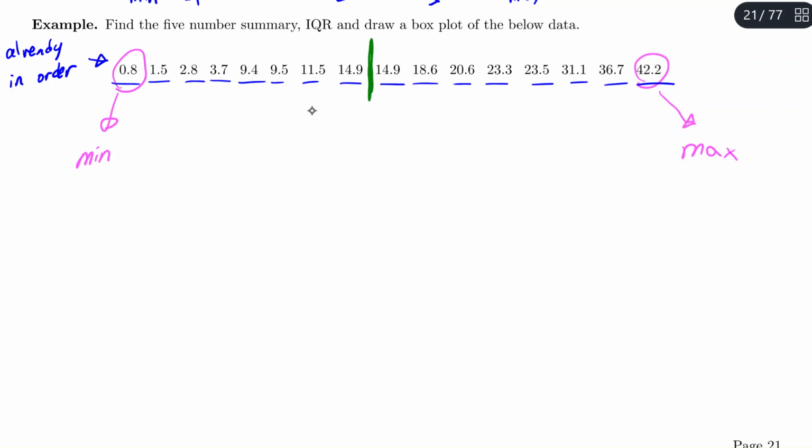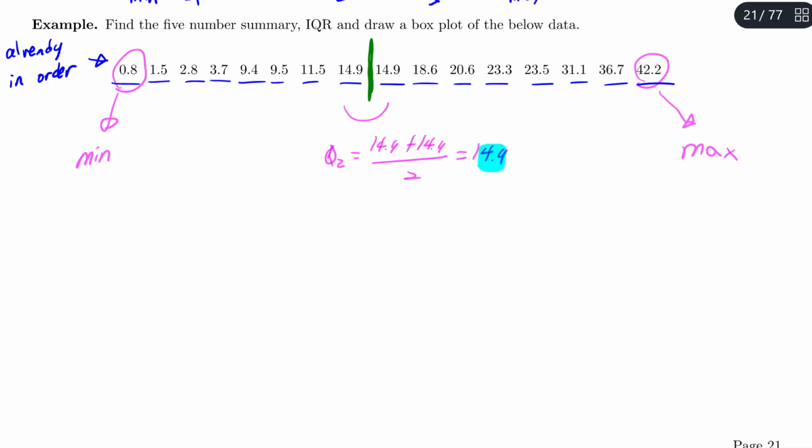So then we should have 30 numbers here and 30 numbers here. So for median, we add those two middle numbers and divide by 2. So Q2 equals 14.9 plus 14.9 divided by 2 gives us 14.9.